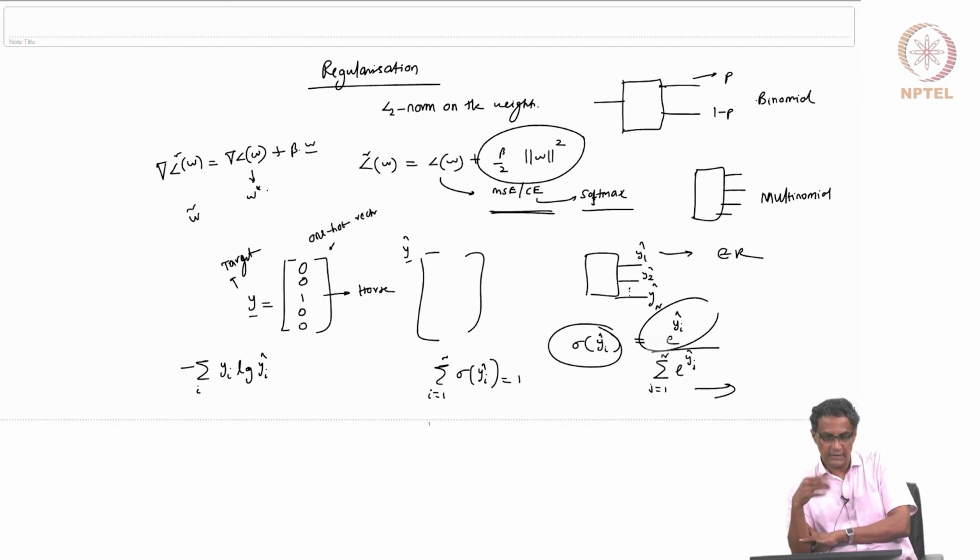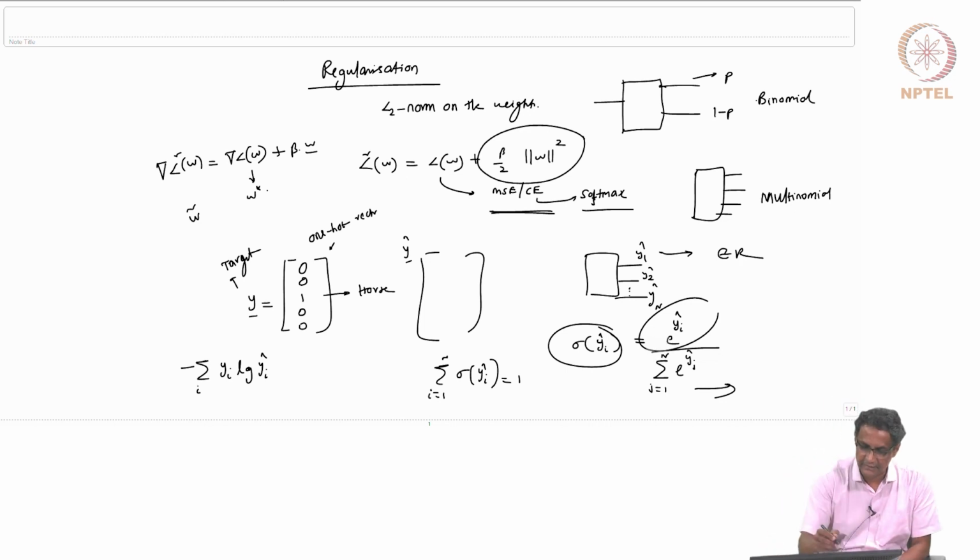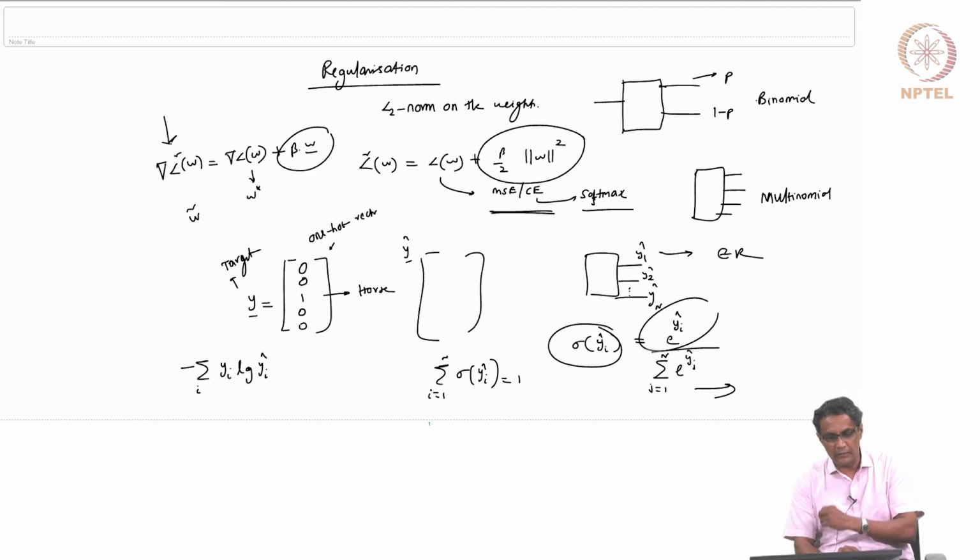Something will change because of this additional factor which gets involved when you use this new cost.